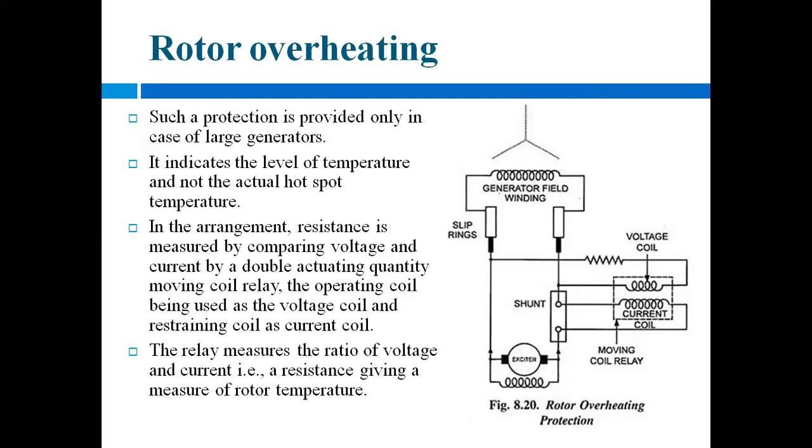There is a voltage coil and a current coil; the voltage coil is the operating coil, and the current coil is the restraining coil. Whatever current and voltage are measured, the resistance is calculated, and from that we can find the temperature.